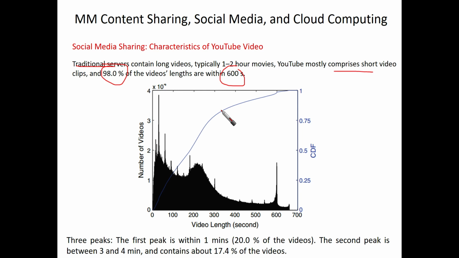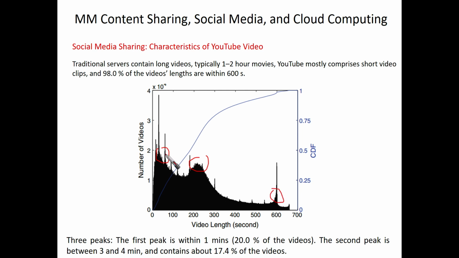In fact, if you do a simple statistical characterization of video length, plotting video length on the x-axis and number of videos on the y-axis, the histogram looks like this. We can see 3 primary peaks. One peak is here, another peak is here, and another peak is here.